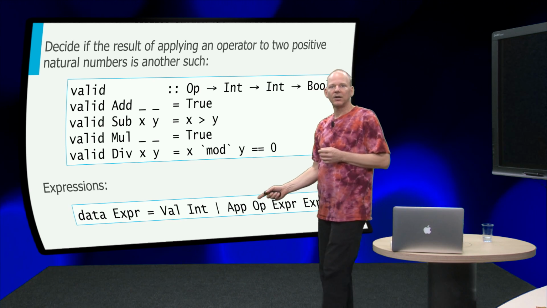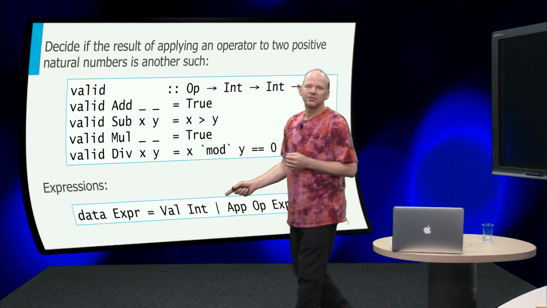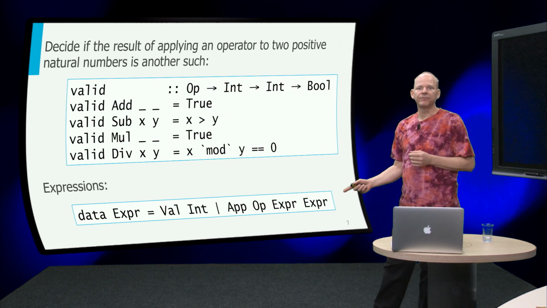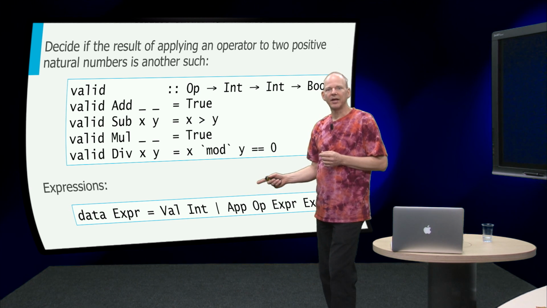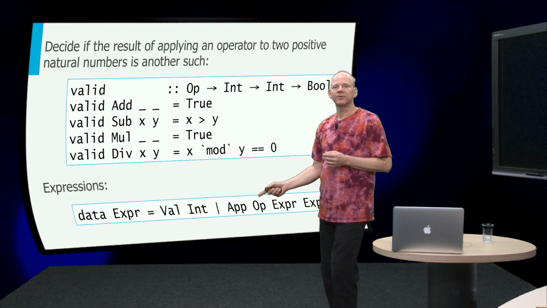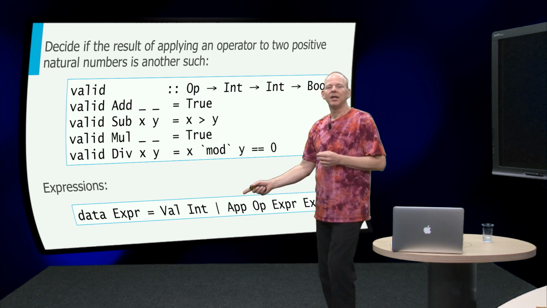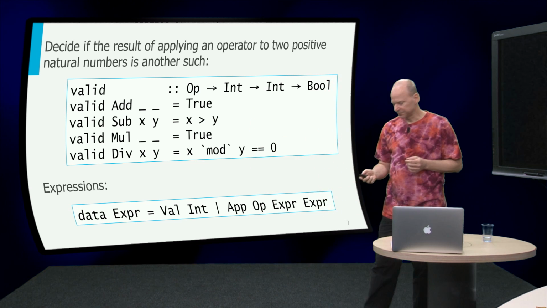Now we can define the data type of expressions just as we have seen before. We have a slightly different approach: instead of having a separate constructor for each operator, we have one application that takes these operators.